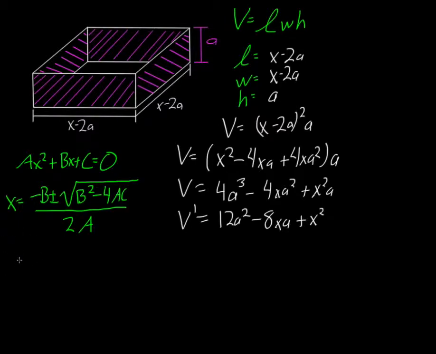Okay, now in our particular equation, we're going to change our x's in the general equation. Those are going to be replaced by our little a's, and therefore our large A for this one is simply 12. B is negative 8x, and C is x squared.